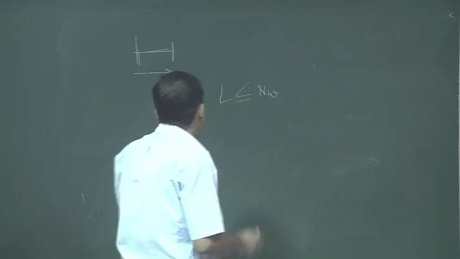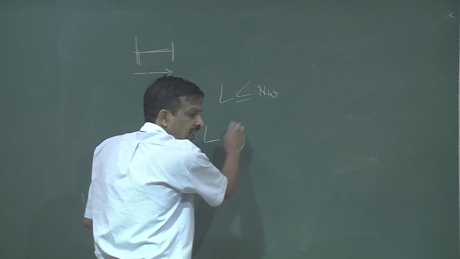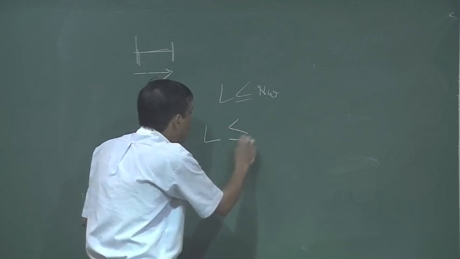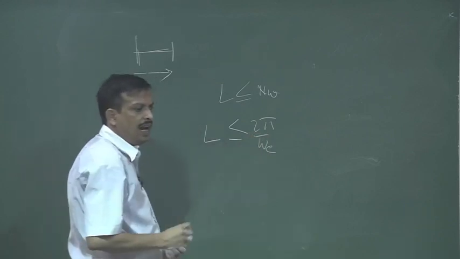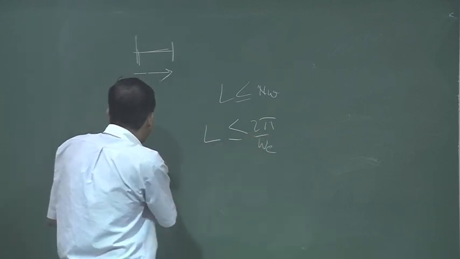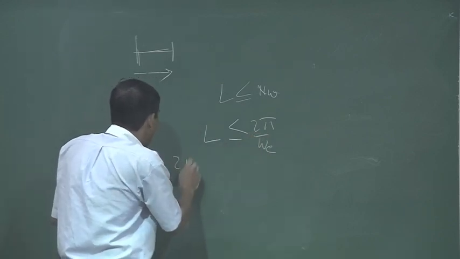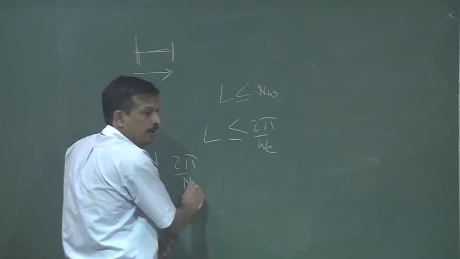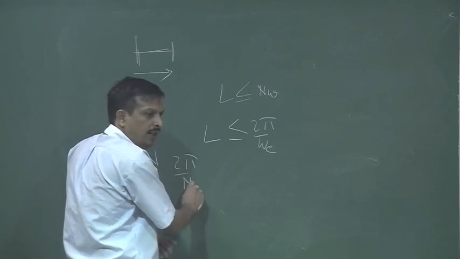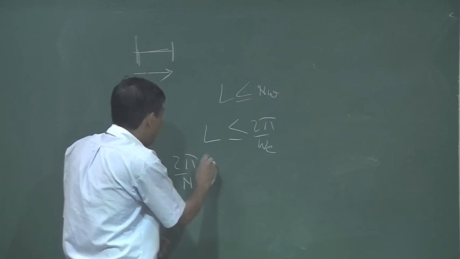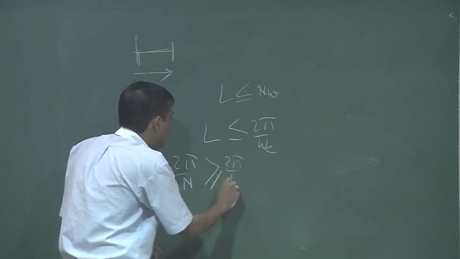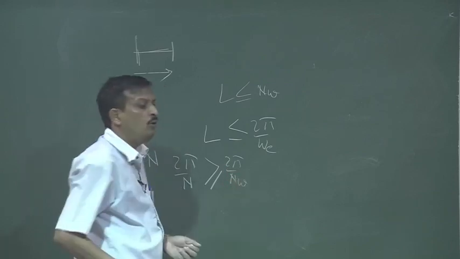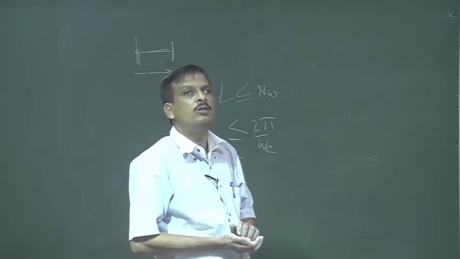So, I can say L must be equal to 2 pi by omega c, and I have to choose n so that the frequency sampling 2 pi by n is at least greater than or equal to 2 pi by Nw, where Nw is the length of the window.